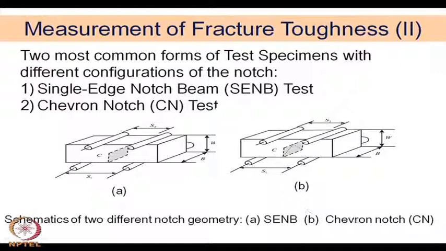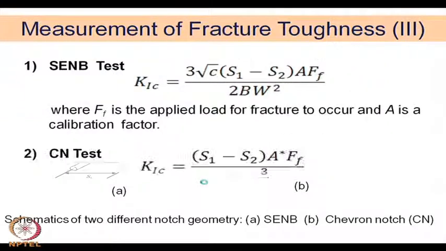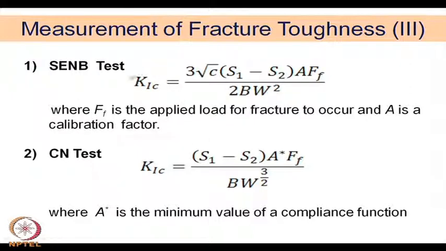So, there are two different configurations of the notch, and these give rise to two different formulas to find out the value of K_IC, the fracture toughness.